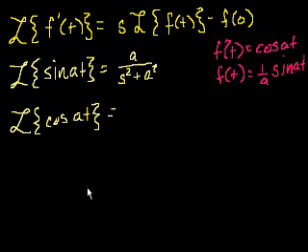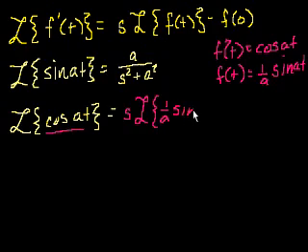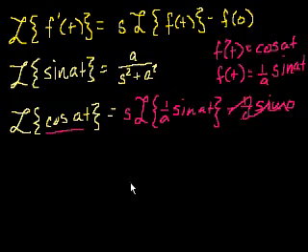So if this is f prime of t, then that is equal to s times the Laplace transform of its antiderivative, 1 over a sine of at, minus the antiderivative evaluated at 0, which is 1 over a sine of a times 0. Sine of 0 is 0, so this whole term goes away.